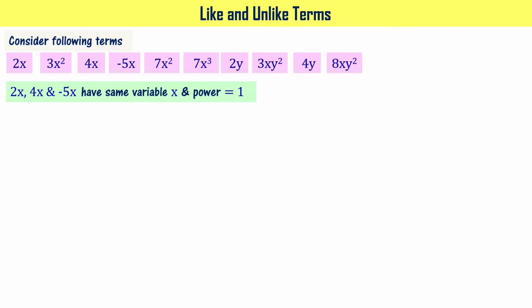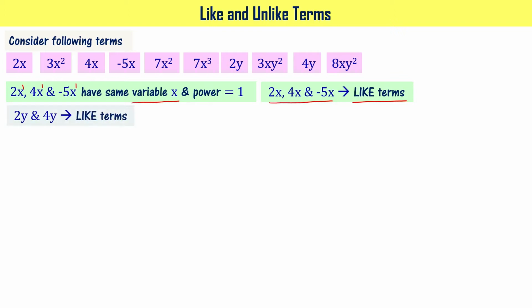As you see here, 2x, 4x and minus 5x have the same variable x, and the power is 1 in all the cases, right? That's why we say that 2x, 4x and minus 5x are like terms. In the case of 2y and 4y, we have the same variable y and their power is also 1. That's why they are like terms.